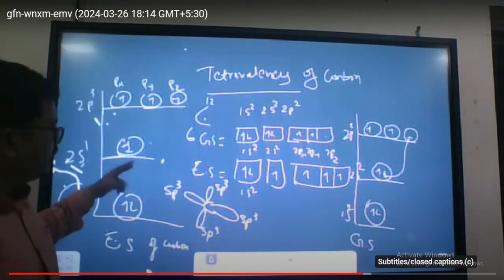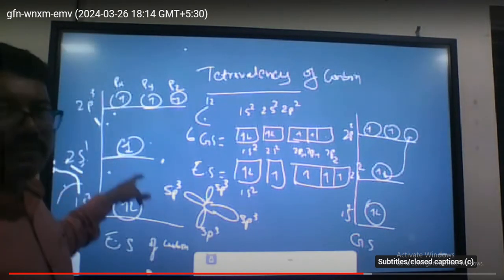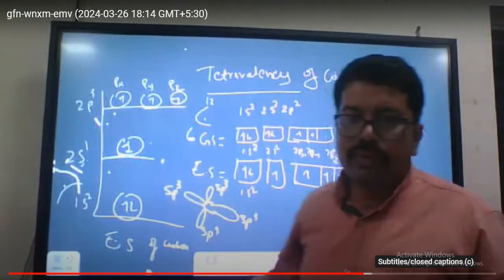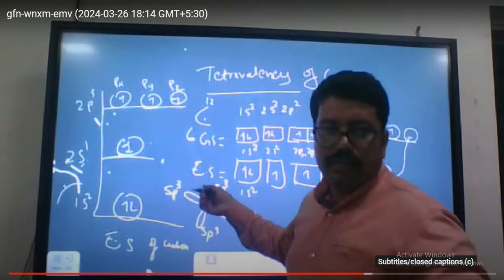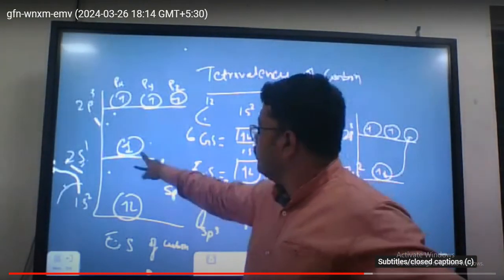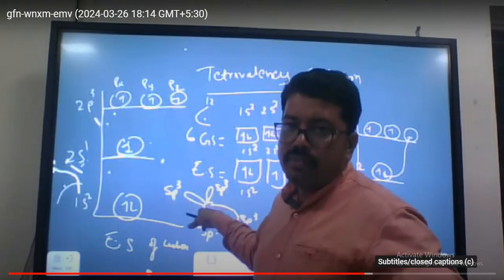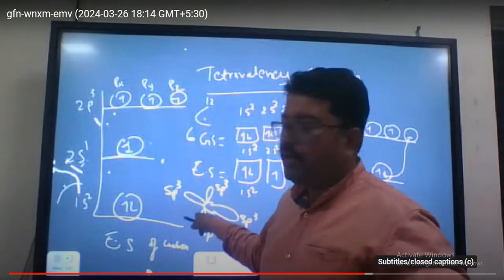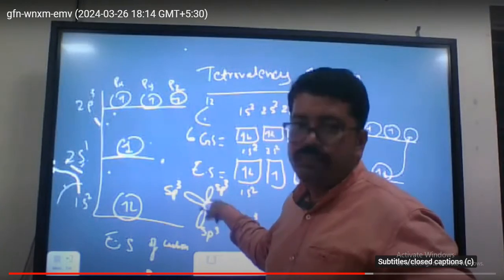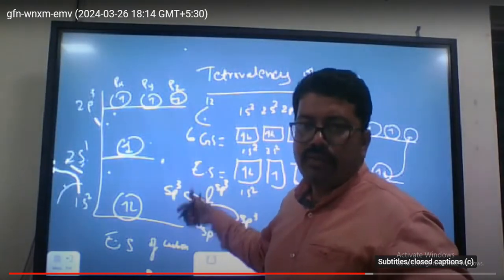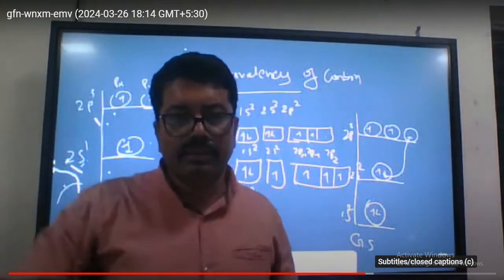Here is the definition: redistribution of energy, mixing of different orbitals, s and p, of an atom at the same energy level to give new orbitals of equivalent energy, termed hybridization.